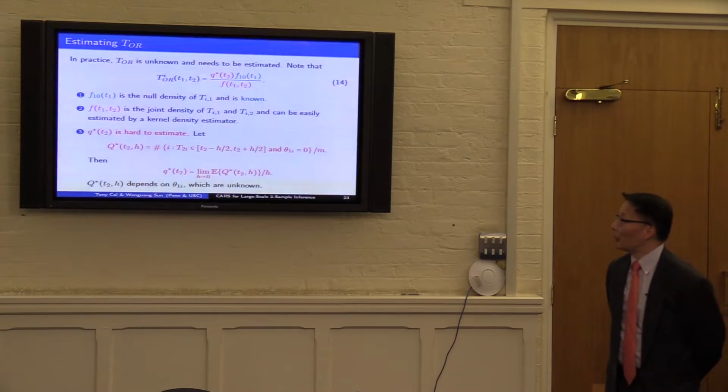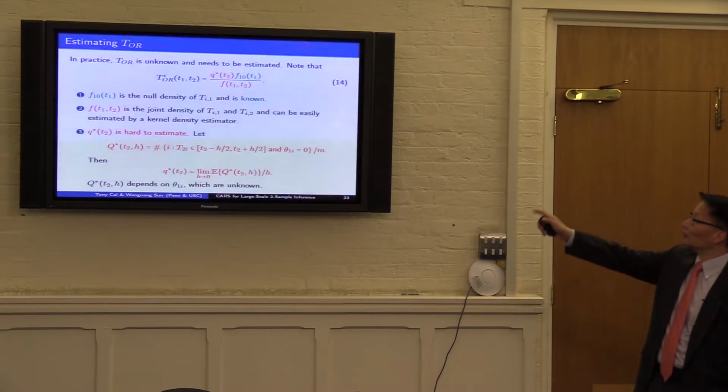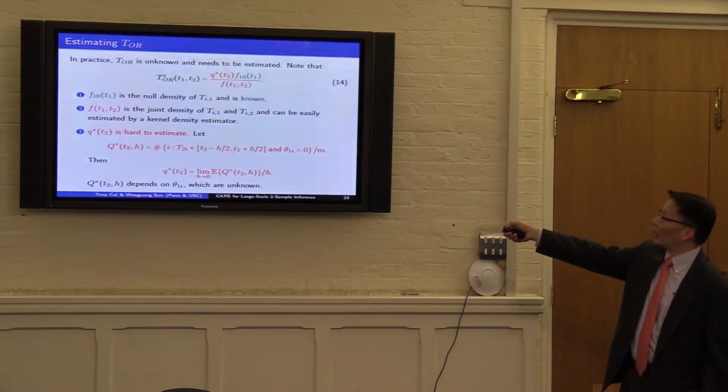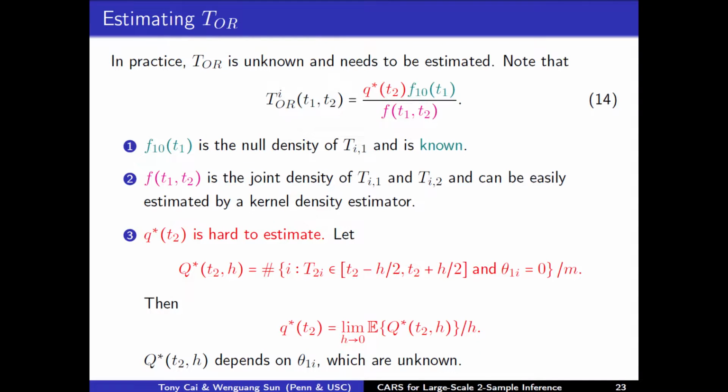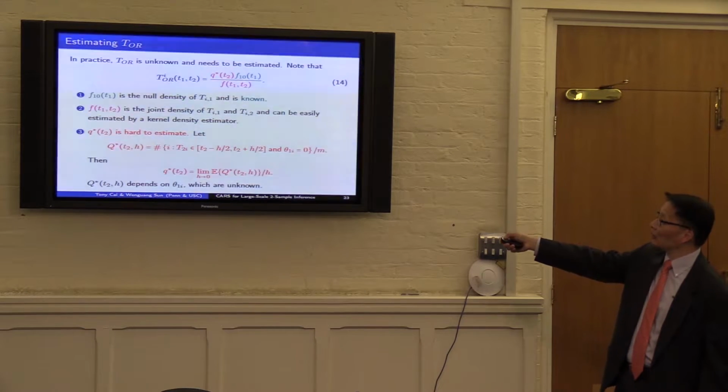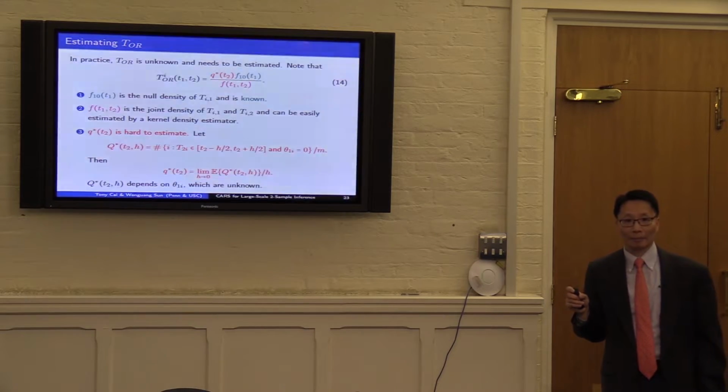So in practice, this oracle test statistic is unknown and needs to be estimated. If you look at the expression here, it has three factors: Q star, F10, and F. F10 is the null density of Ti1.